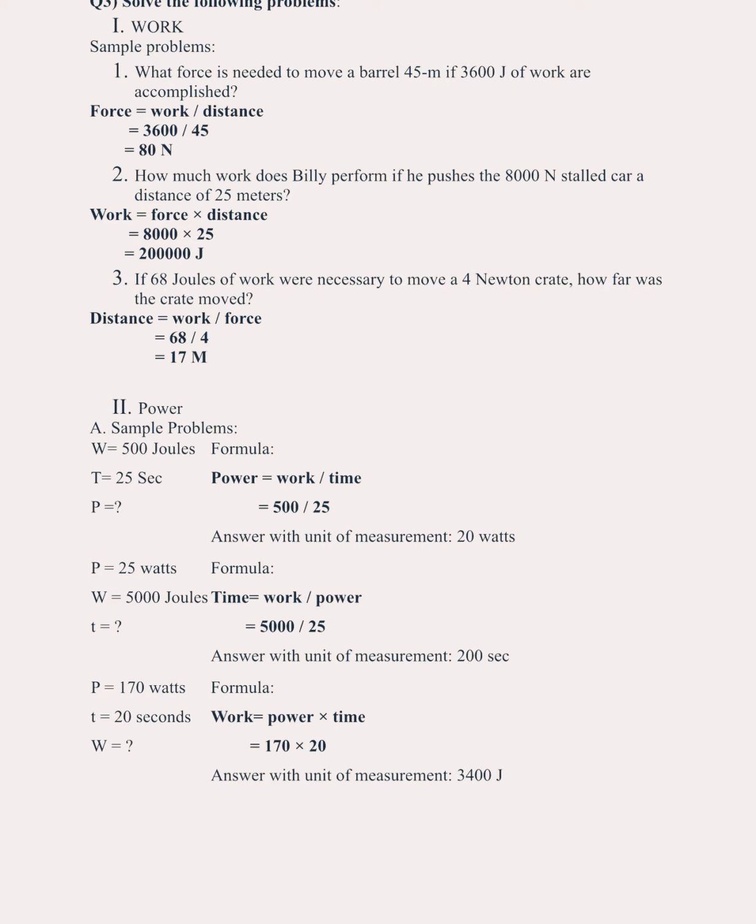This is the unit used to measure time. The last problem here is asking you to find the work, and he has given you power and time. Work equals power multiplied by time, equals 170 multiplied by 20, which equals 3,400. What is the unit used to describe work? It is joule.